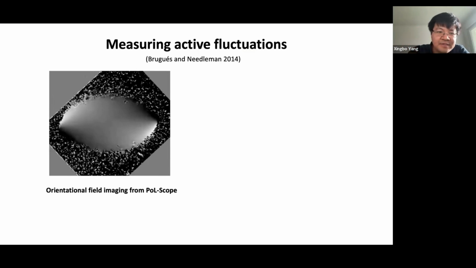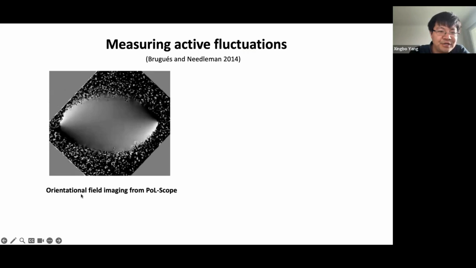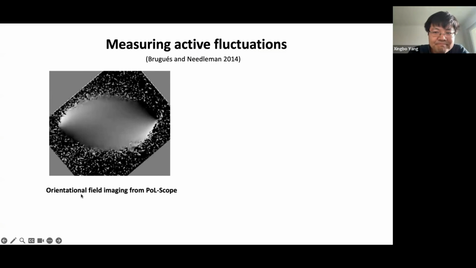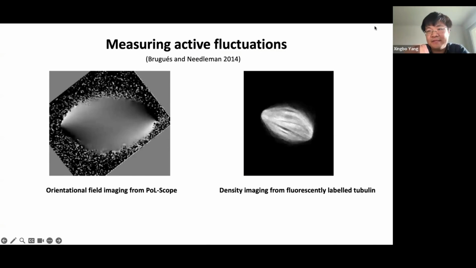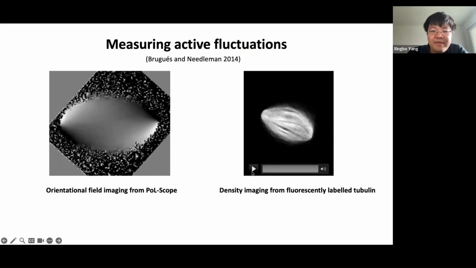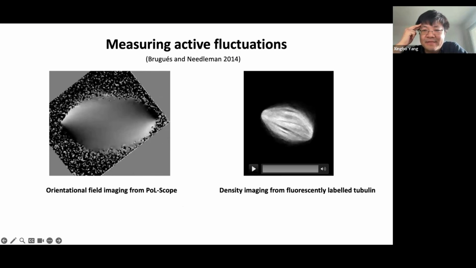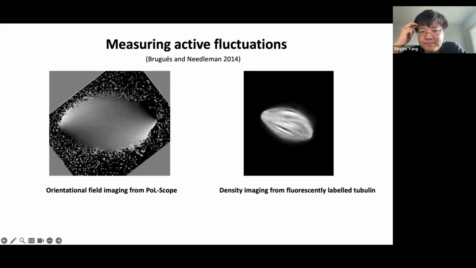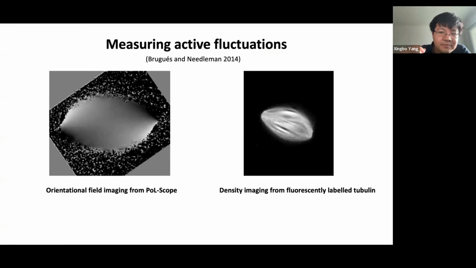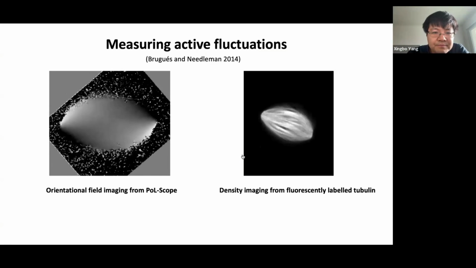I'm not going into the technical details, but just know that you can measure the polarity here. And then the density field, another field that we are dealing with: you can label tubulin, and then you can measure the density field. Again, the same type of spindle here.